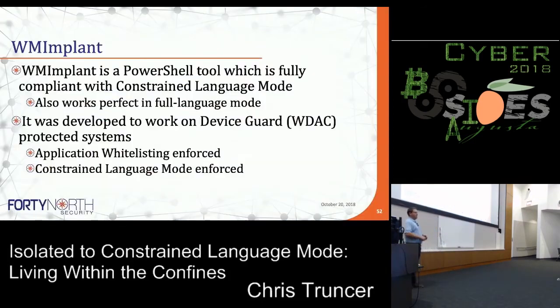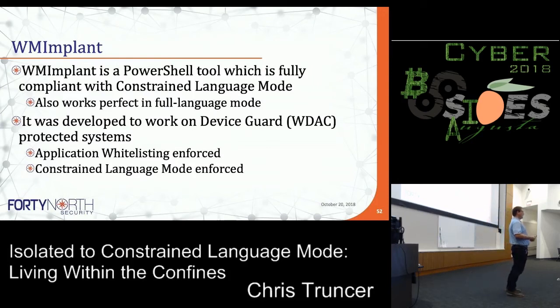So what currently exists, and what's an example that we can reference? WMImplant. WMImplant is a tool that I wrote that is 100% written to be compliant with constrained language mode. I can't remember how many lines of code this is, probably like 1,500 lines, which really isn't that much, but spending that much time slamming your head against a desk trying to deal with constrained language mode blocking everything you're doing is an interesting development process.